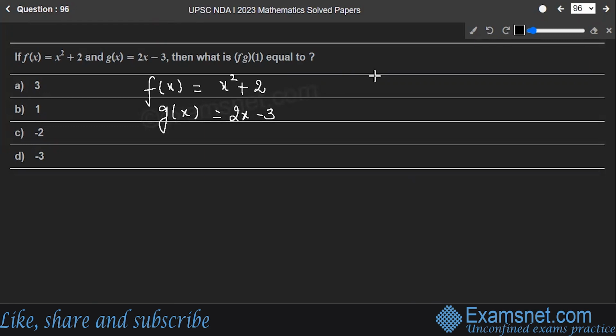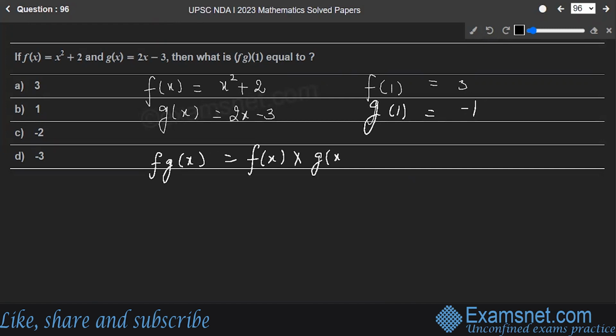If I fill in f of 1, this is equal to 3, and g of 1 is equal to minus 1. Now, f of g of x is equal to f of x into g of x, that is equal to minus 3. So we have option D as the correct answer.